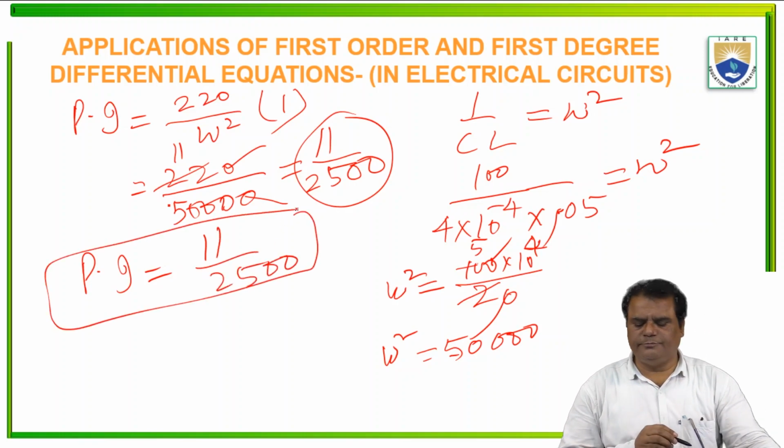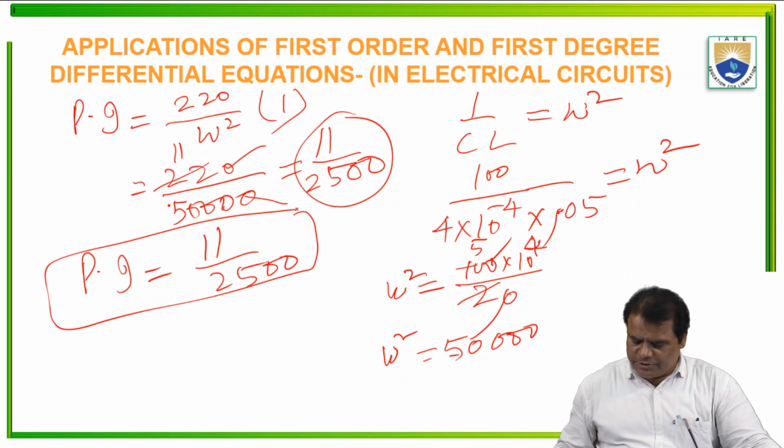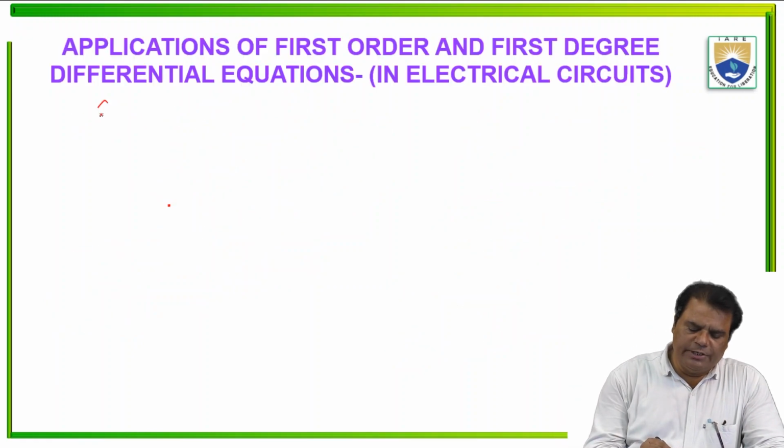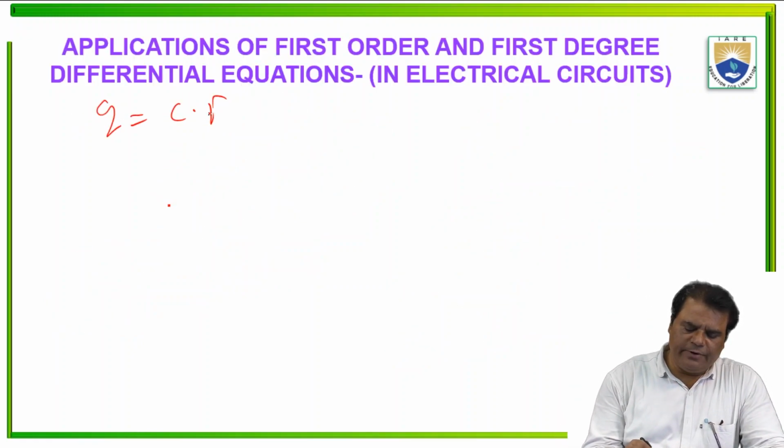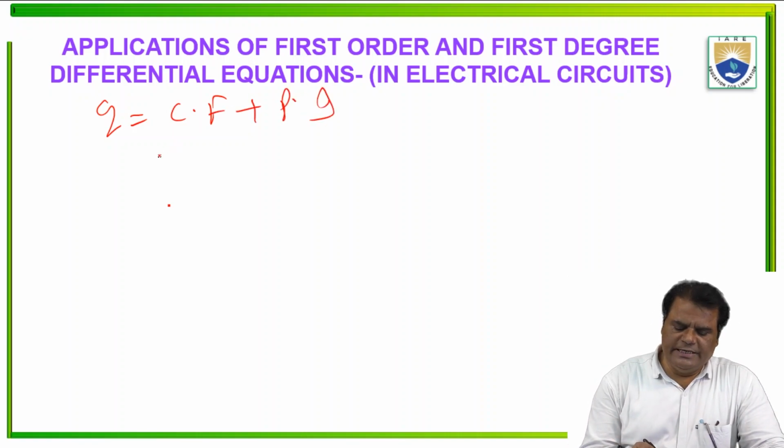Okay. Now the complete solution Q is equal to CF plus PI. What is CF?